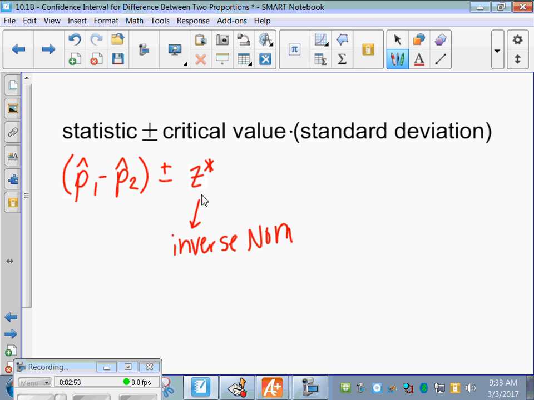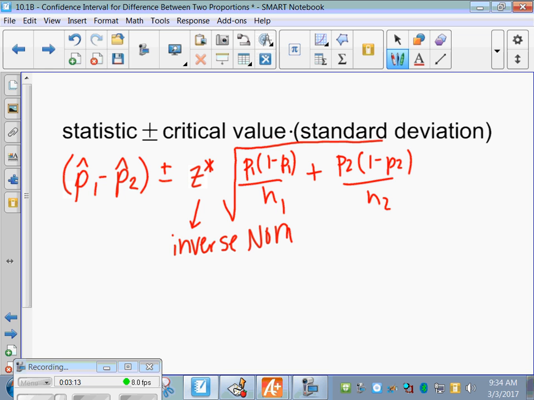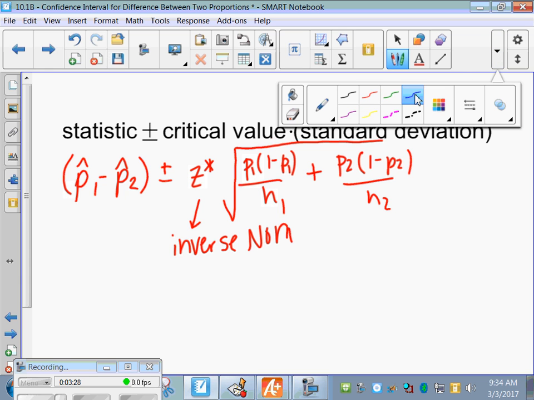Okay. And then we multiply times the standard deviation, which before we just had one of these little p formulas under here, right? But now we have two, the one we learned yesterday here. And so all of these would be the first one, and then the second p. Now, if you know the true p, you plug it in. How often do we know the true proportion? Not very often, right?